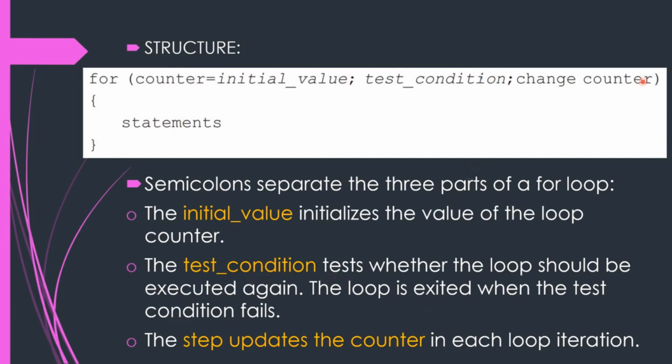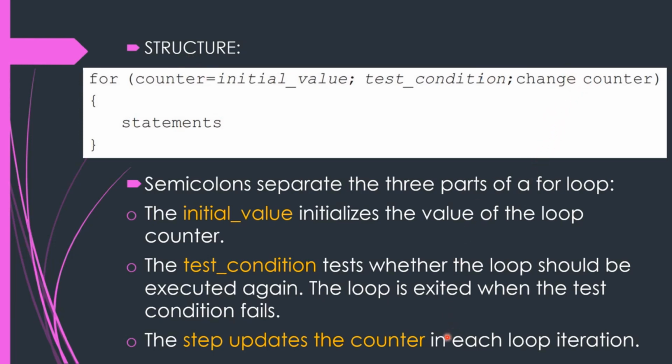Then the third step is change counter. As we discussed, the counter is the value of the loop that we are using in the loop. To change its value, to continue the loop, or we can say not to exit the loop, we have to keep it going by incrementing or decrementing or changing the value. So how do we do this?